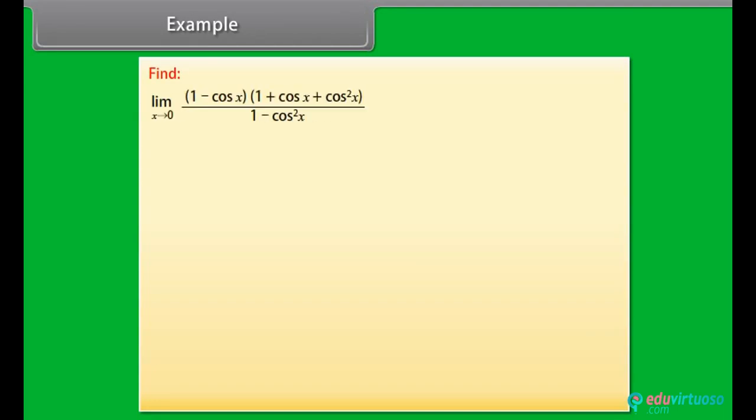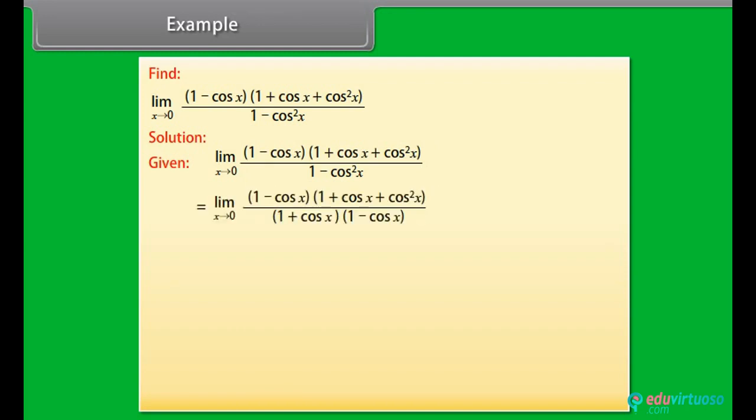Find limit x tends to 0 of (1 minus cos x) multiplied by (1 plus cos x plus cos square x) divided by (1 minus cos square x). Solution. Given limit x tends to 0 of (1 minus cos x) multiplied by (1 plus cos x plus cos square x) divided by (1 minus cos square x), which is equal to limit x tends to 0 of (1 minus cos x) multiplied by (1 plus cos x plus cos square x) divided by (1 plus cos x) multiplied by (1 minus cos x).